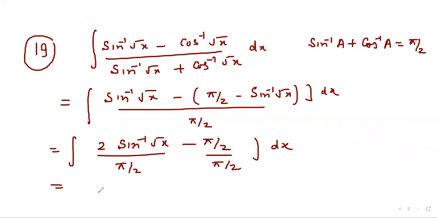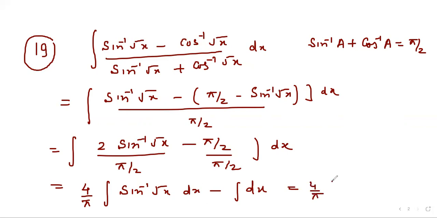So it will become 4 upon pi integration sine inverse root x dx minus integration dx. So second term will become x. This term is to be integrated. So let's write it as 4 upon pi integration sine inverse root x dx minus x plus c.